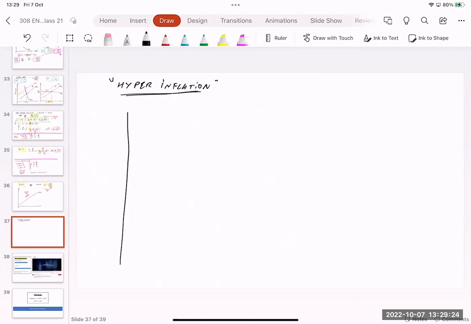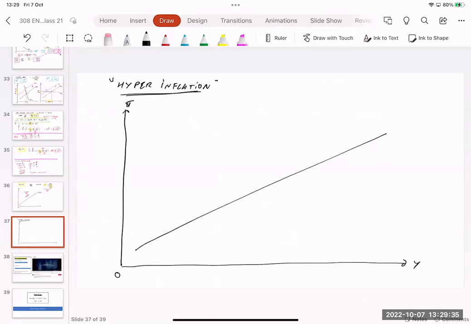So let me show you here. This is y on the horizontal axis and pi on the vertical axis. You have DAS at time 0. You have DAD at time 0. DAD has a positive slope and is steeper than DAS. And then you have the long run aggregate supply.